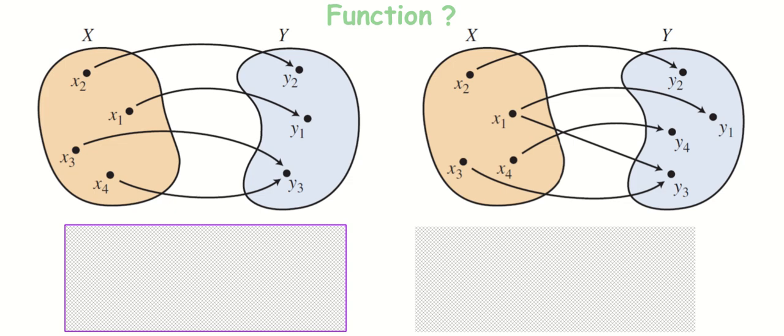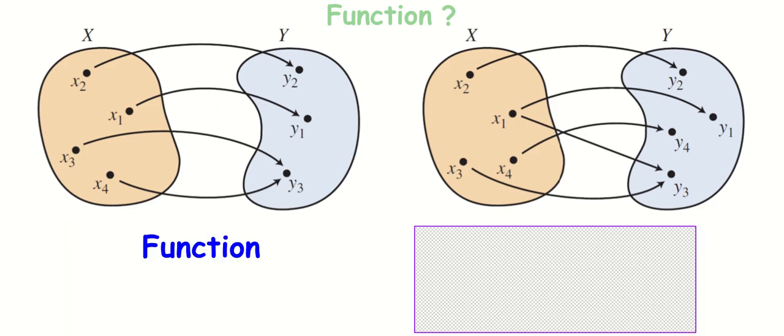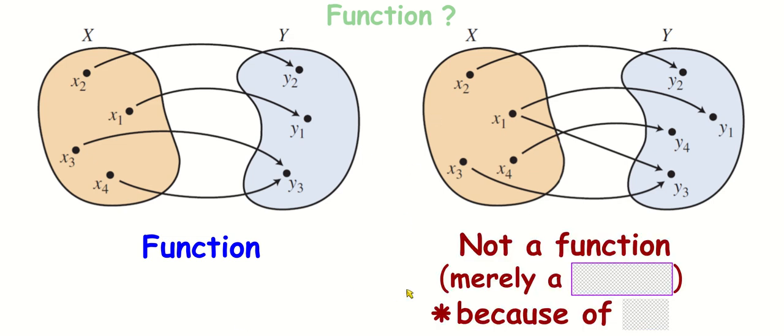How about a mapping diagram? How do you tell whether a mapping diagram represents a function? Looking at this mapping diagram, that is a function, but looking at this mapping diagram, it is not a function. It's merely a relation. So this is also a relation, but this is a relation that is also a function.